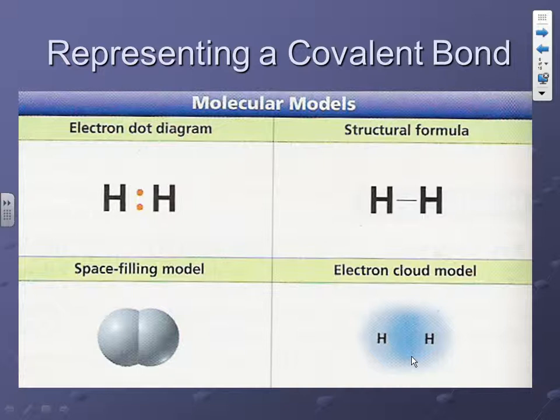Why? Because what are they doing? What's holding them together? They're sharing electrons. So if electrons are being shared, where do you think they spend a lot of their time? In between those two atoms. And so that space is going to be dark in there. Okay? Good there? All right.